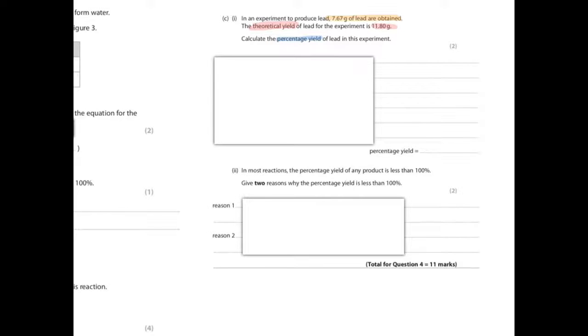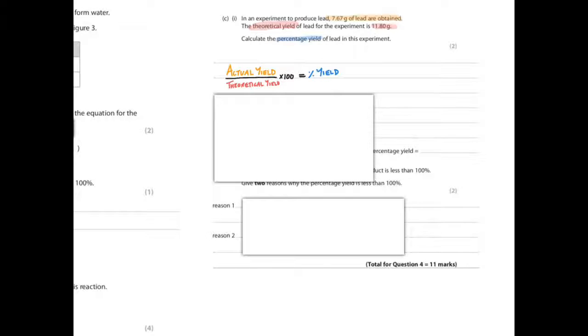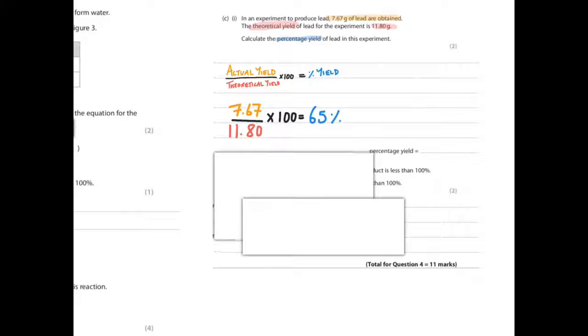So percentage yield is simply actual yield, what you actually get, divided by the maximum expected amount, theoretical yield, as worked out by the formula mass. So actual yield divided by theoretical yield times 100 is percentage yield. So actual yield is 7.67 grams, as highlighted in the question in orange. And theoretical yield is 11.8 times by 100 is 65%.